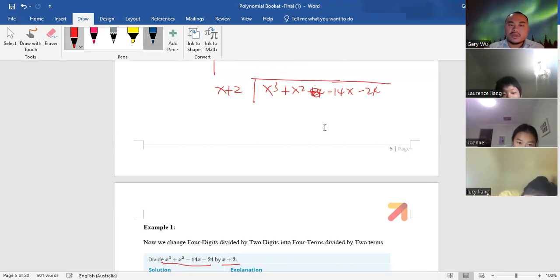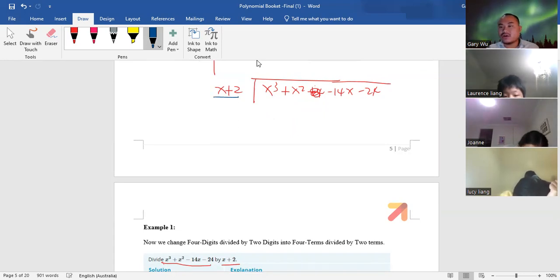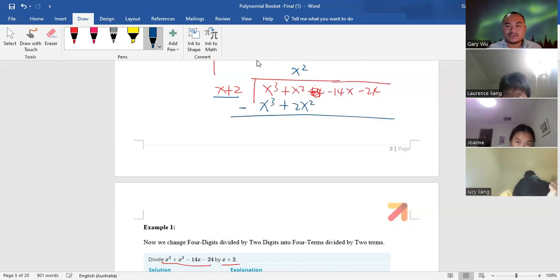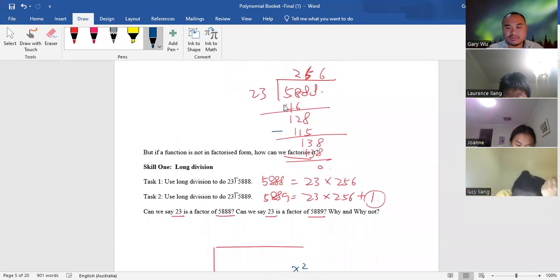For this one, it's not a 4-digit number divided by a 2-digit number, it's 4 terms divided by 2 terms, but it's a similar idea. How many x + 2 can go into x cubed plus x squared? The idea is I want to cancel out the highest order term, so I want to cancel out x cubed. x squared, and then x cubed plus 2x squared. Always remember this is minus, just like the long division we have done before.